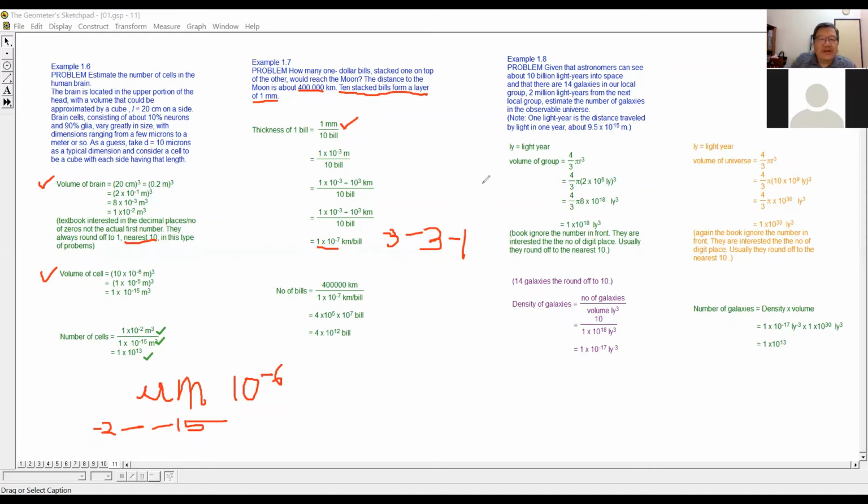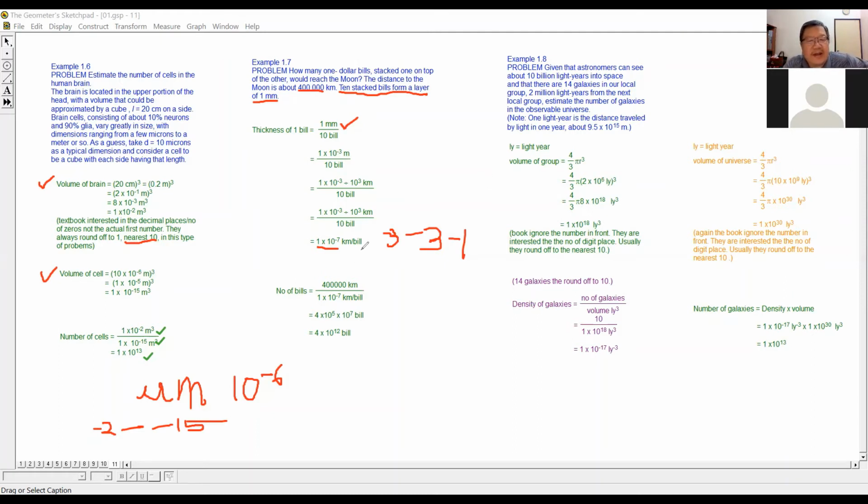Now the unit is already in kilometer. So it is kilometer for one bill. It's written there as kilometer per bill. That means it's kilometer per the thickness of one note. One bill means one note.